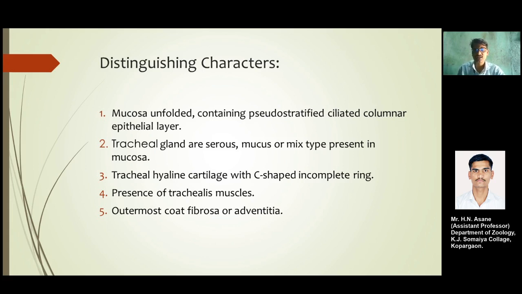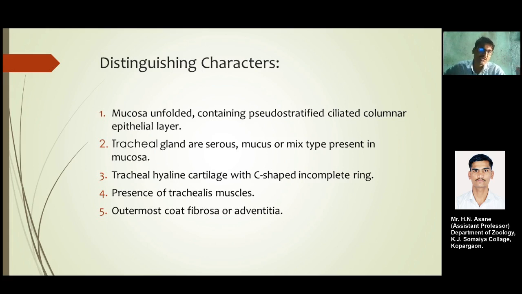The serous glands act by means of the goblet cells, and for the mucous glands, mucous acini are present in the submucosal region, which secrete the mucus. So these tracheal glands are mixed glands present in the mucosa region as well as the submucosa region.